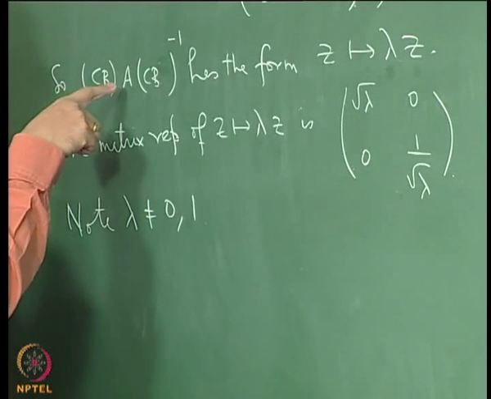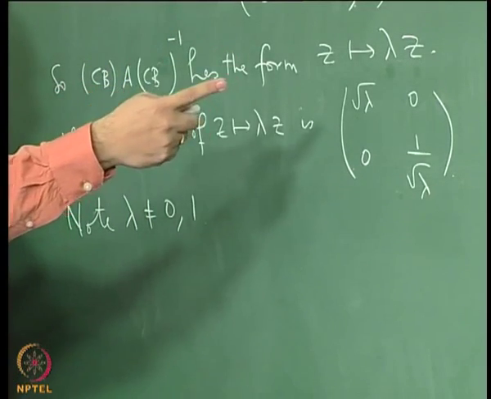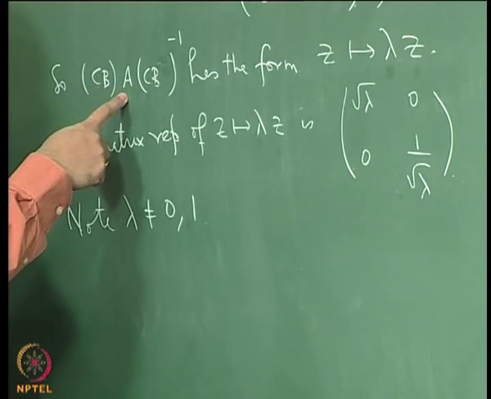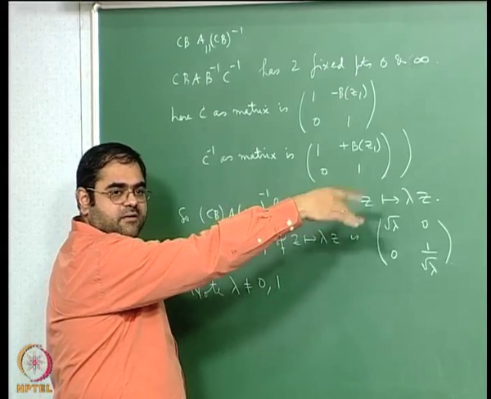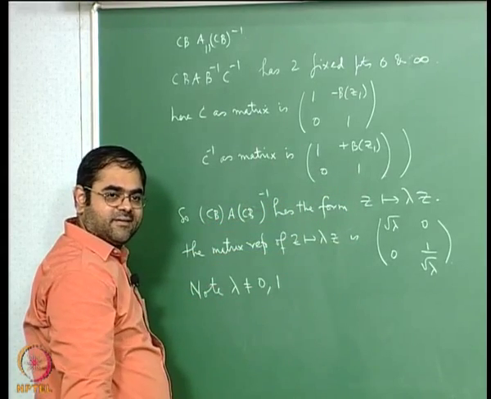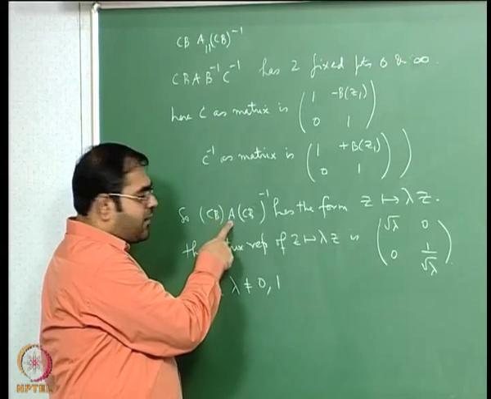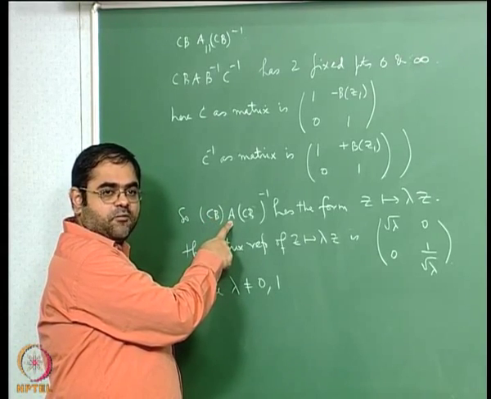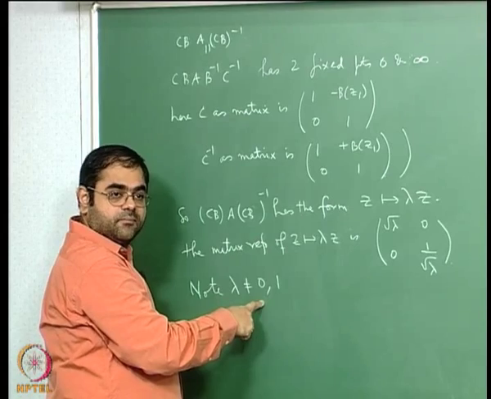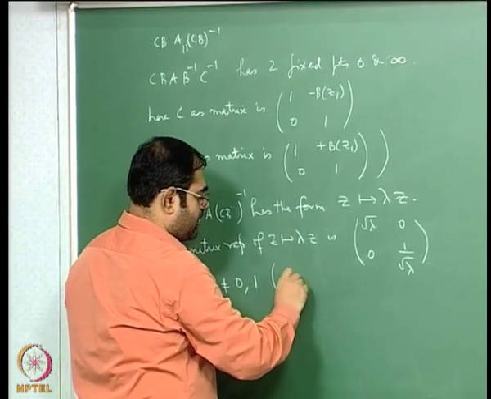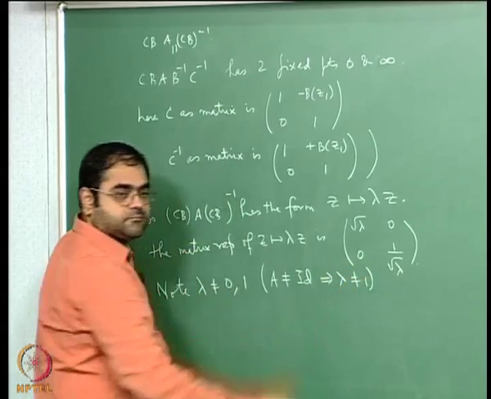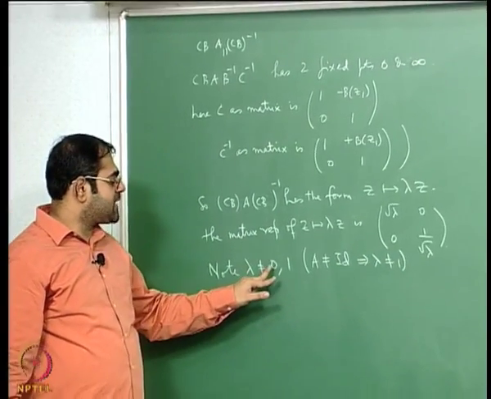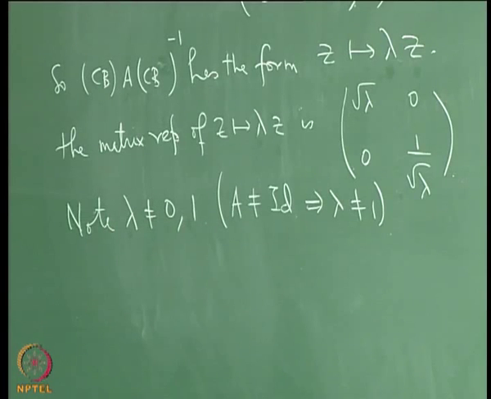If you conjugate a matrix and you get identity, then that matrix itself has to be identity, because you can unconjugate it, and on the right side, because you have identity, it will continue to be identity. So A not being the identity tells you that lambda is not equal to 1. A not equal to identity implies lambda is not equal to 1. So you see, the lambda values 0 and 1 are forbidden. Lambda can only have values other than 0 and 1.